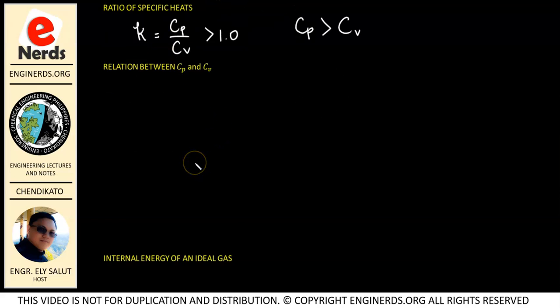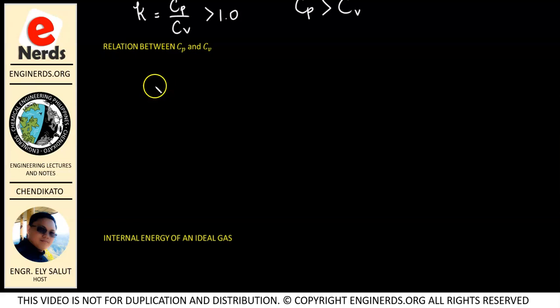Now, we learned from our previous lesson about enthalpy that enthalpy is equal to U plus PV, right? And for ideal gases, we also know that PV is equal to RT. Okay? So, we are working on specific mass here, kaya we omitted yung mass.